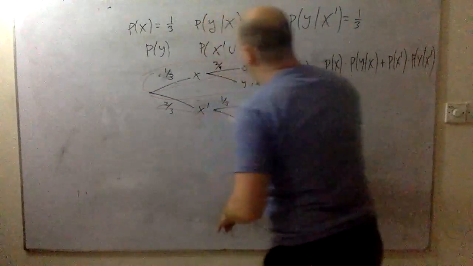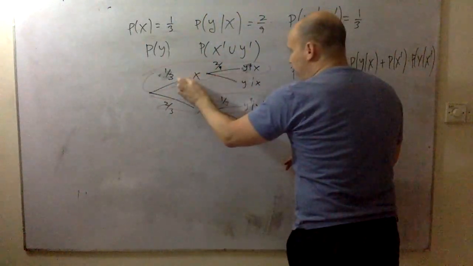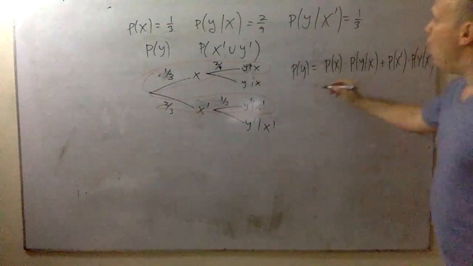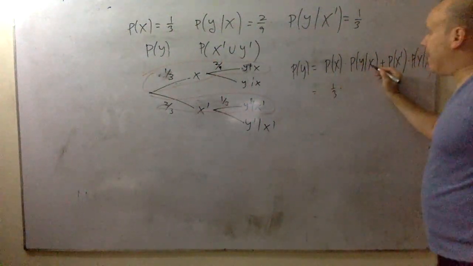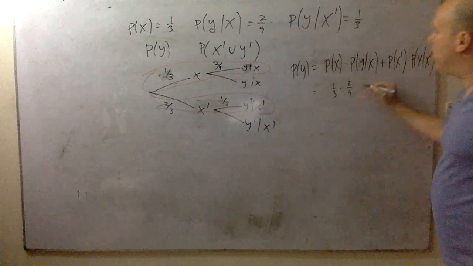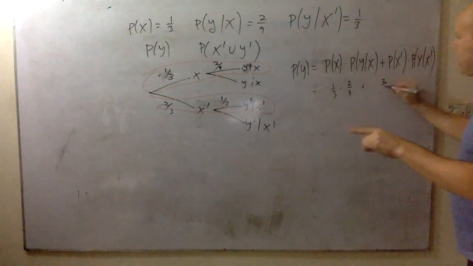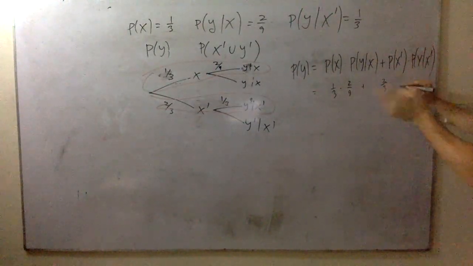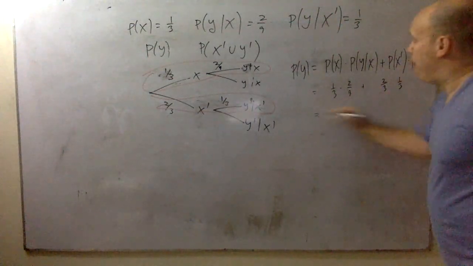Y can happen in 2 cases. There's 2 possibilities of Y happening. Either X happened before it or X didn't happen before it. So the probability of X is 1/3, times the probability of Y given that X happened, 2/9, plus X didn't happen, and then Y still happened, given X didn't happen.